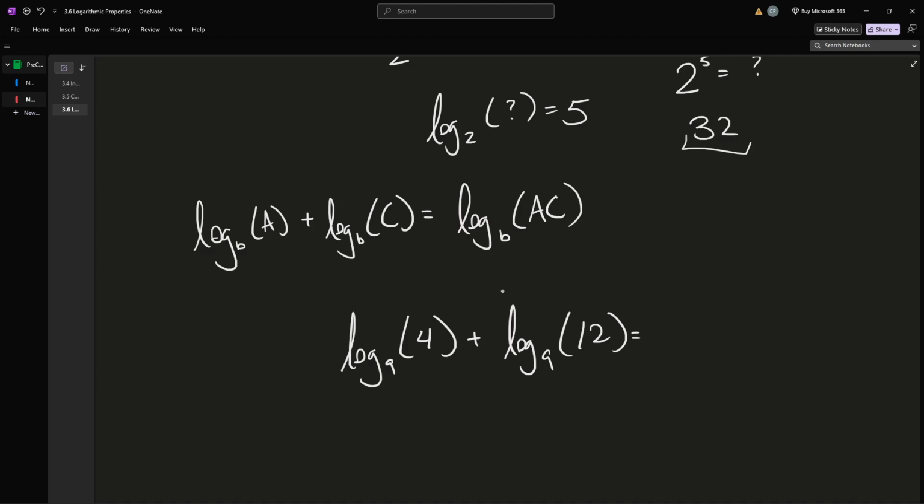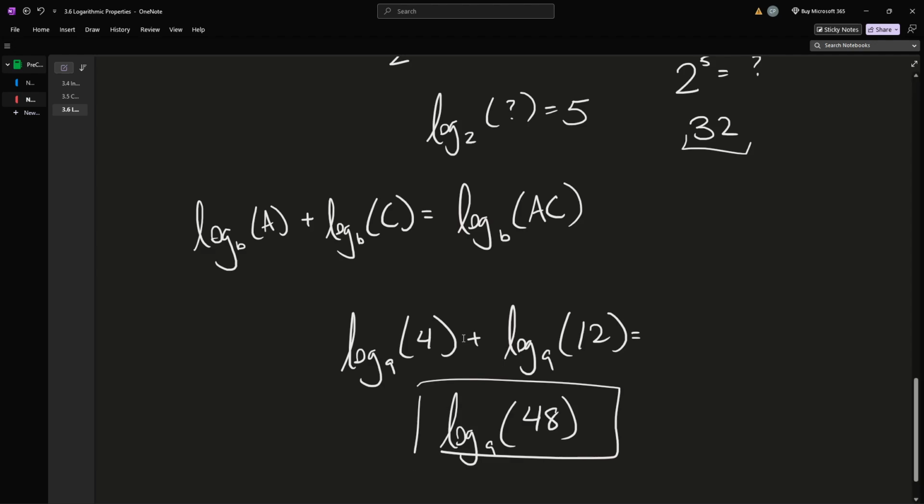But here, we see 4 is not a clean exponent. We can't do 9 to a power to get 4 or 12. So we now combine it. Log base 9 of 4 times 12 is 48. And we see it's one clean log. Log base parentheses. We want to condense it down into one log.